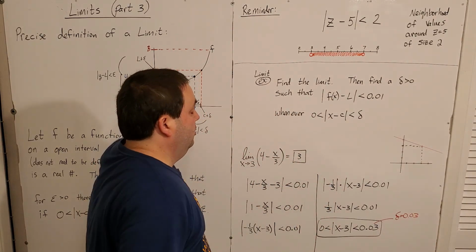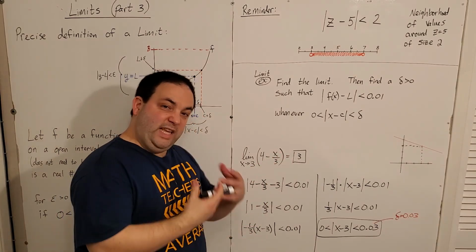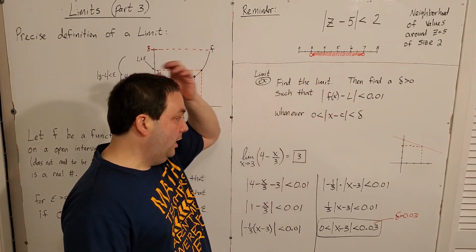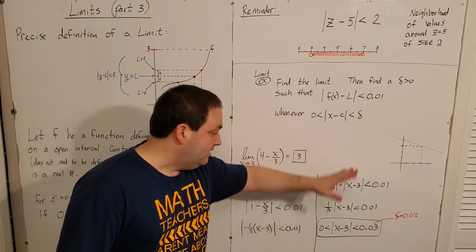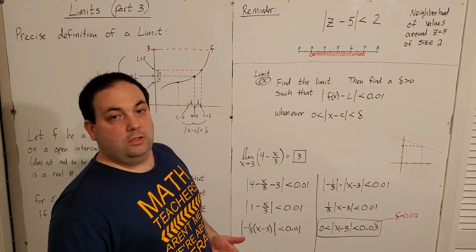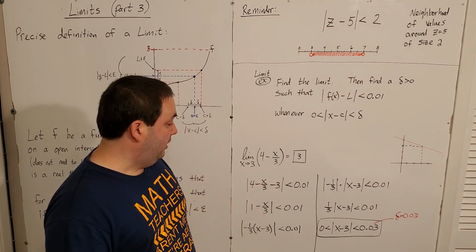Okay? So notice, since this was the correct limit value, I was easily able to manipulate the epsilon inequality into a delta inequality. And that's how a lot of them will work in a proof, except we would do it generically instead of with a number.